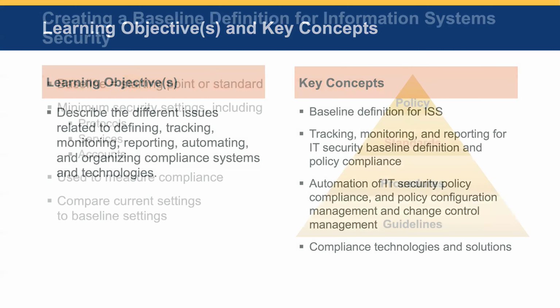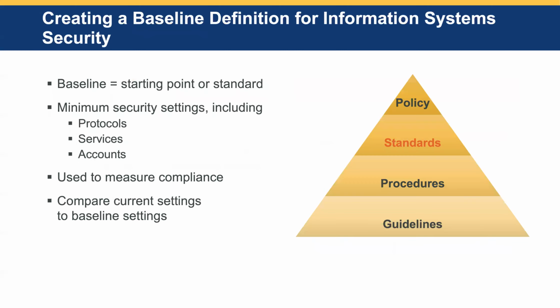One thing we have to take into consideration is that we want to create a baseline definition for information system security. We consider a baseline to be the starting point or standard. Essentially, the baseline is going to provide a set of basic configurations that can be used to achieve specific security objectives.